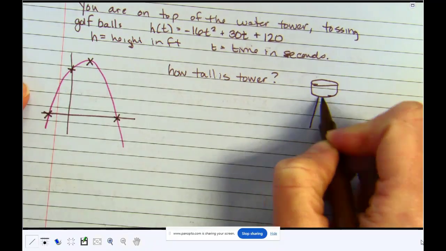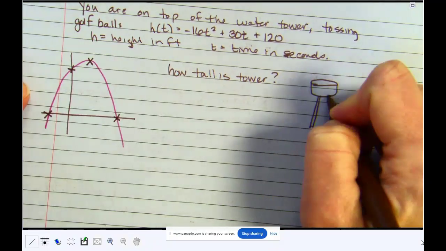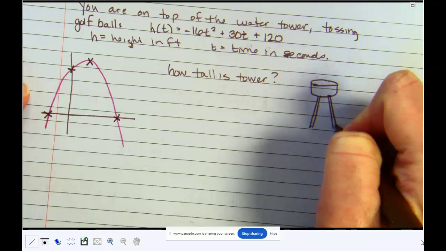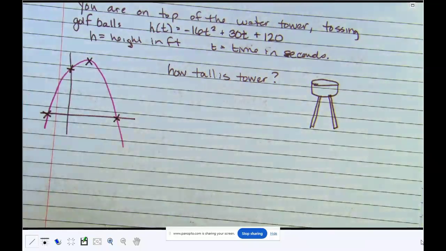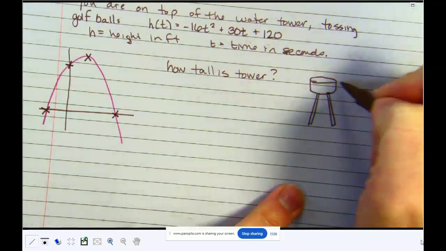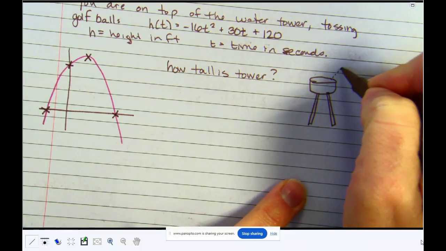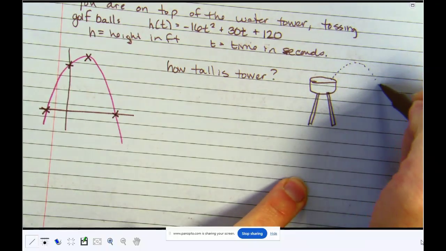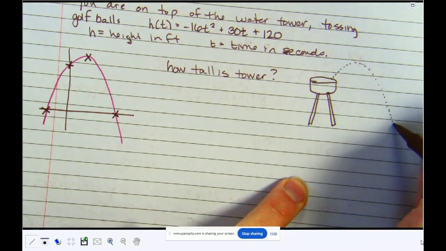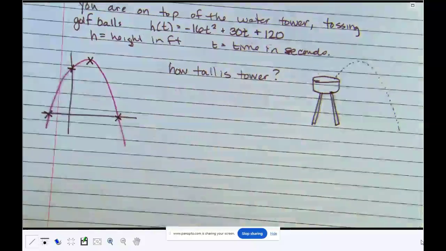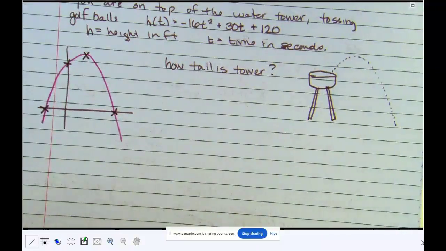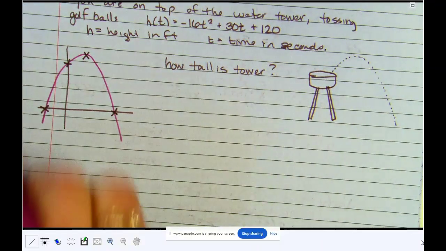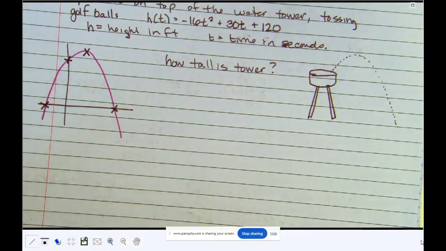Not necessarily this problem, but this particular piece of it. So you're up here on top of the water tower chucking off golf balls. So they go up and they come back down. If I'm asking you how tall the tower is, what am I asking you to find? Yeah, that's the y-intercept.